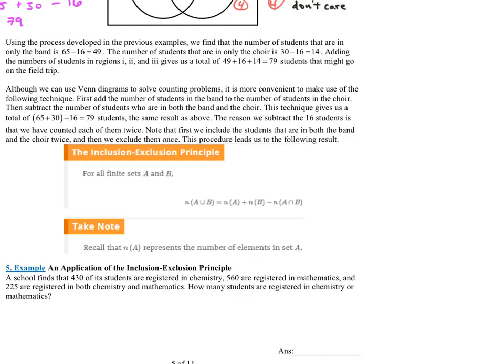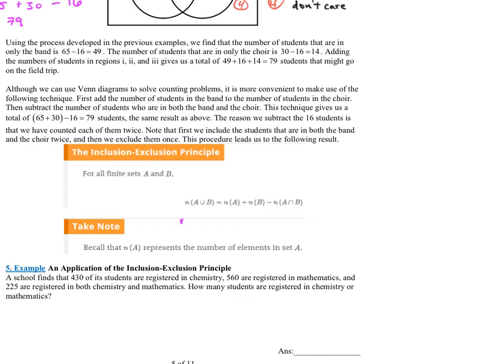So what do we have here? We have the exact same thing that we just said. I'm going to call A band and B choir, just to align with what we just did. So the number in band or choir, because remember the union is or, is the number in band plus the number in choir minus the number in the intersection, which is the number in both.